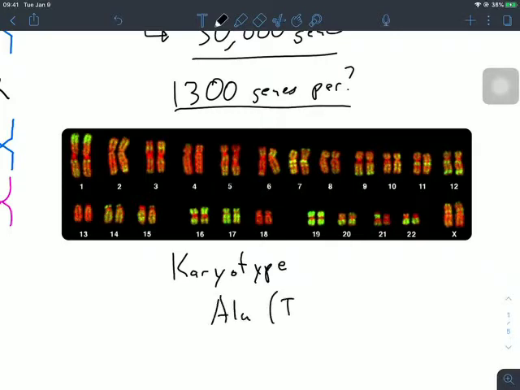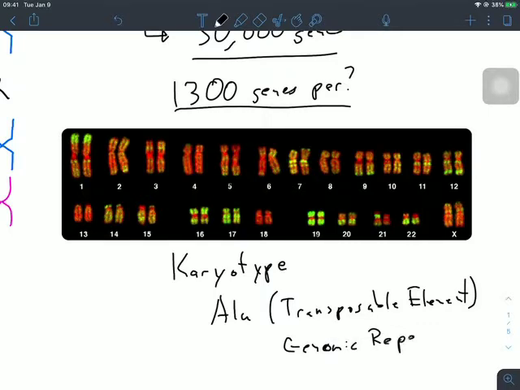This is a transposable element, or a very common genomic repeat, particularly in us humans.